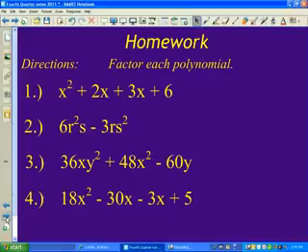Hopefully you said 1 and 4. 2 and 3, you're doing the factoring with the GCF, just like how we did for this previous lesson. Okay, so that was the homework, 4 problems, easy.